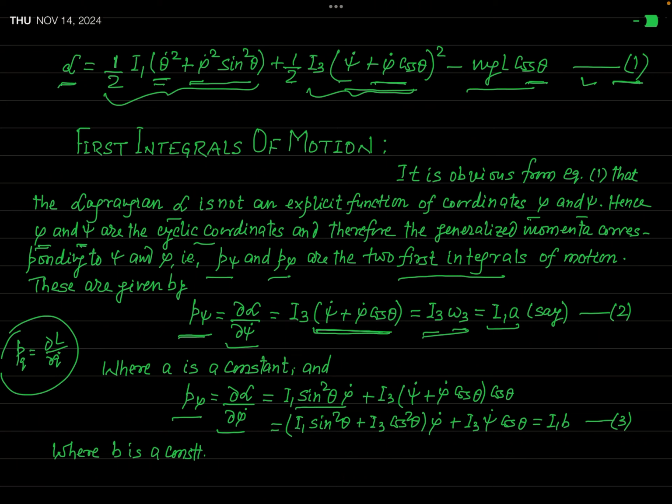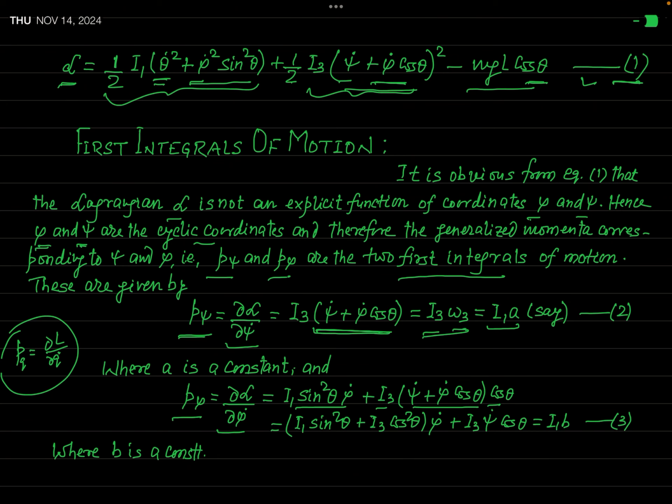Now let us differentiate the second term. This is again a function of a function, so that will be 2 times psi dot plus phi dot cos theta, and after that you differentiate with respect to phi dot. So this will be I3 times psi dot plus phi dot cos theta times cos theta. You can do it. This is very simple differentiation.